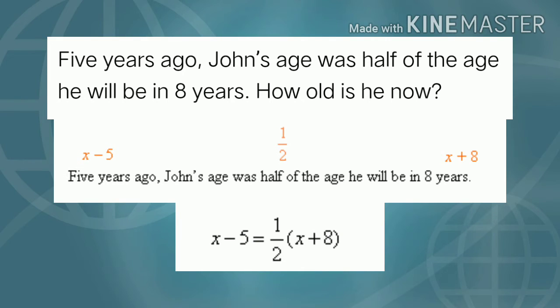Our mathematical equation will be x minus 5, that is John's age 5 years ago, equal to 1/2 of x plus 8, because John's age will be half of his age in 8 years. Now the next step will be solving for x, or John's present age.